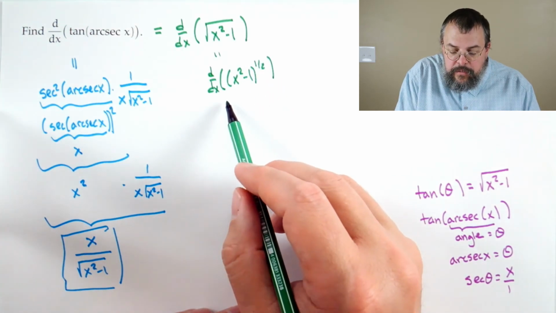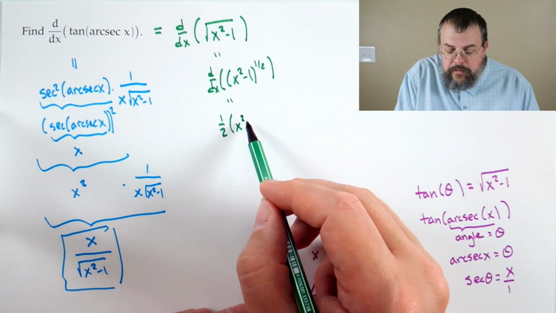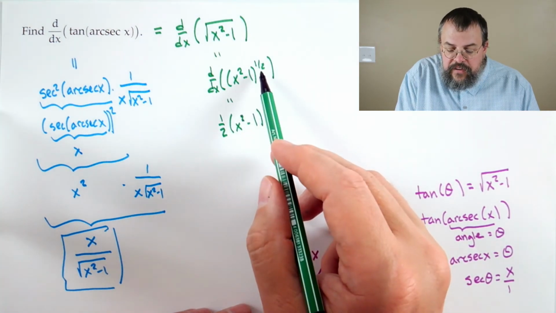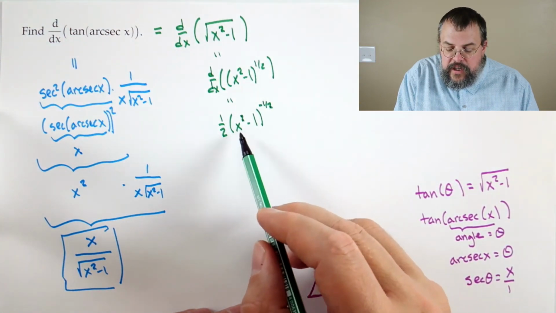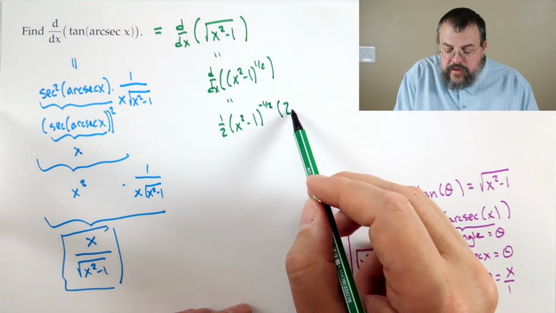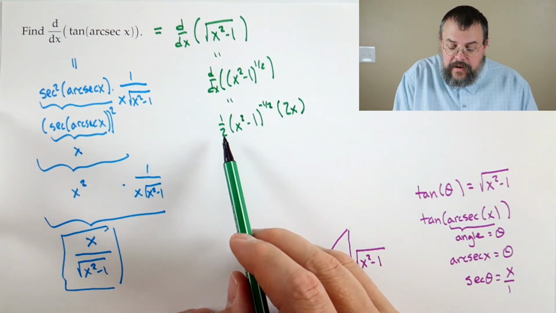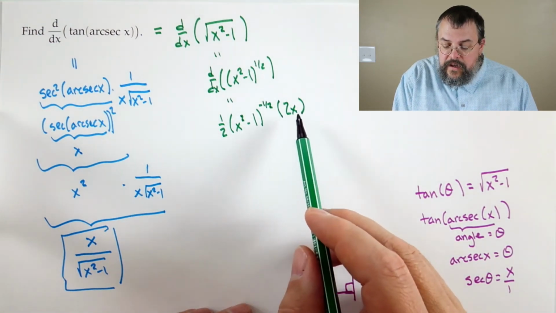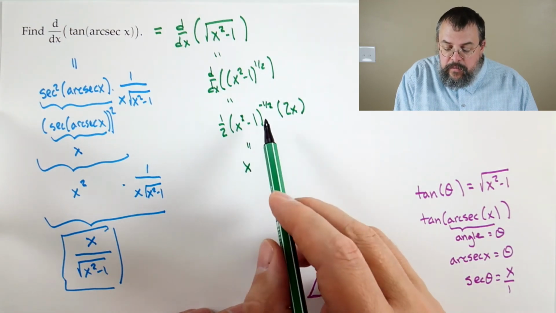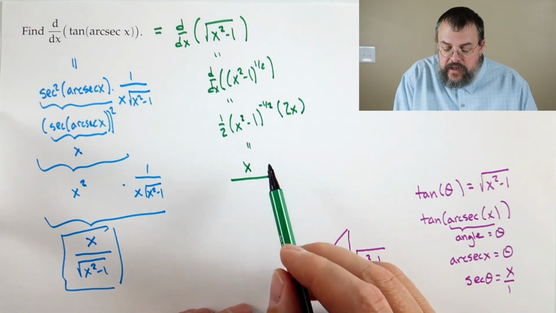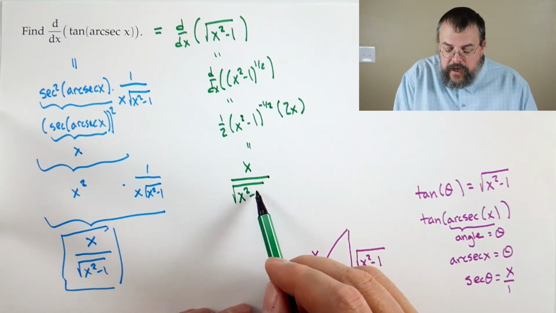So the 1/2 comes down, x squared minus 1 to the 1/2 minus 1, which is minus 1/2, times the derivative of the inside, so times 2x. Now, what do you see? The half and the 2 cancel, and you're left with an x in the numerator. The minus half means the other term is downstairs, and it's the square root of x squared minus 1.